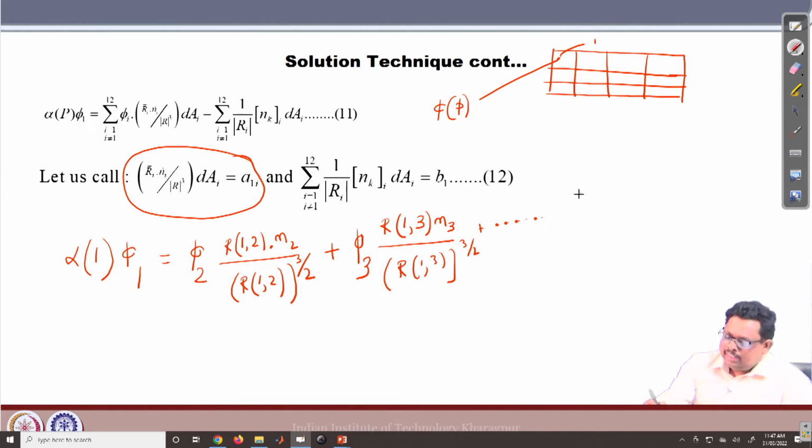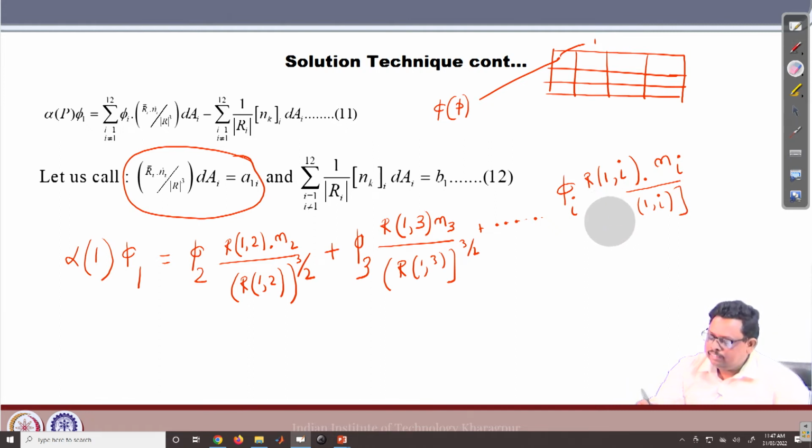It should be phi i and then r, the distance from the first panel to the ith panel, multiplied by the normal to the ith panel, and then divided by r, the distance from the first panel to the ith panel, to the power 3 by 2.